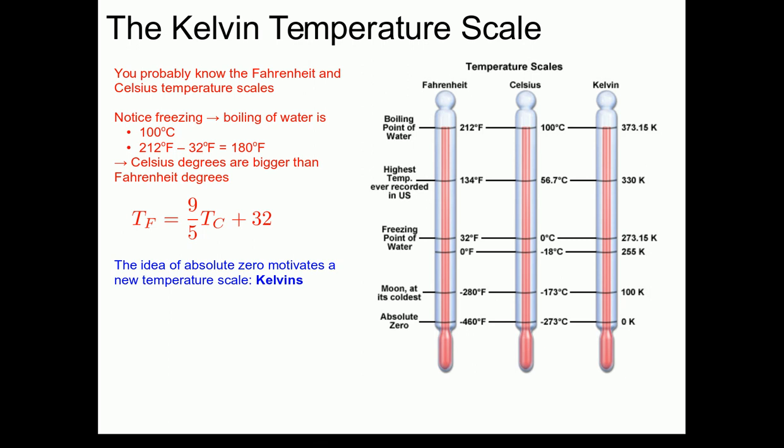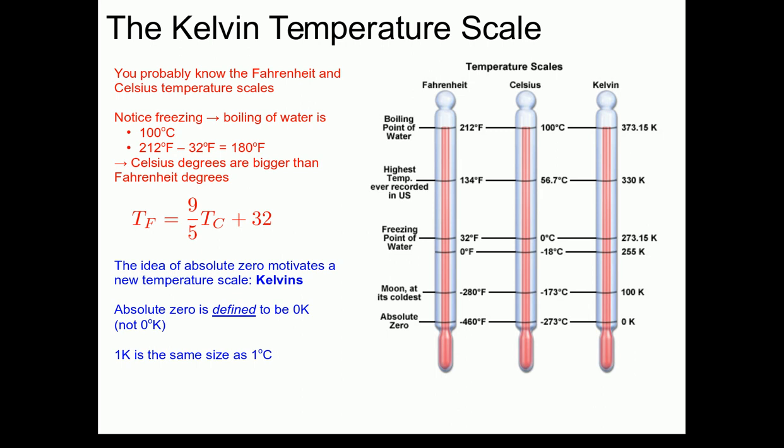However, the idea of absolute zero motivates a new temperature scale, the Kelvin temperature scale. Absolute zero is defined to be 0 Kelvin. Note we say 0 Kelvin, not 0 degrees Kelvin. Similarly, we don't put the little degree symbol when we write Kelvin temperatures. However, while the 0 points are different, 1 Kelvin is the same size as a degree Celsius.